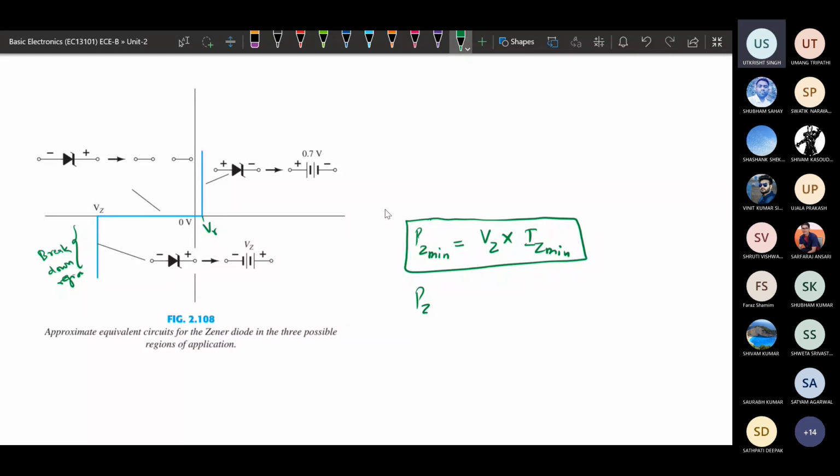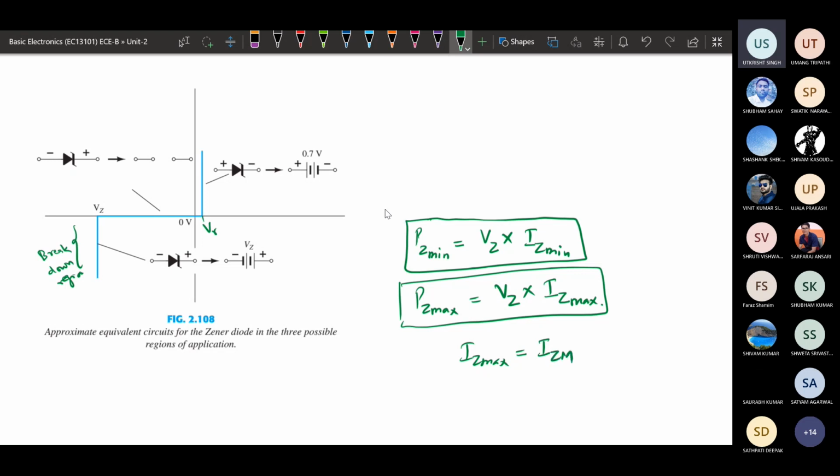Similarly, the maximum power dissipation, PZ maximum, will be given by VZ multiplied by the maximum current that can flow through the Zener diode. The maximum current that flows through a Zener diode is given by IZ maximum, IZM.